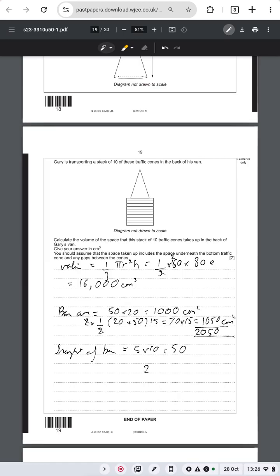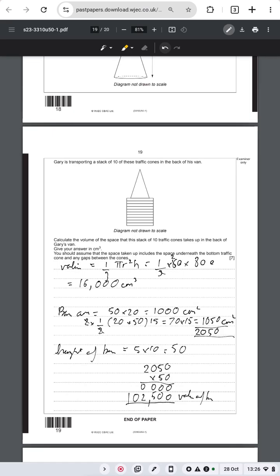So we've got 2,050 times by 50. So this is our volume of the base.